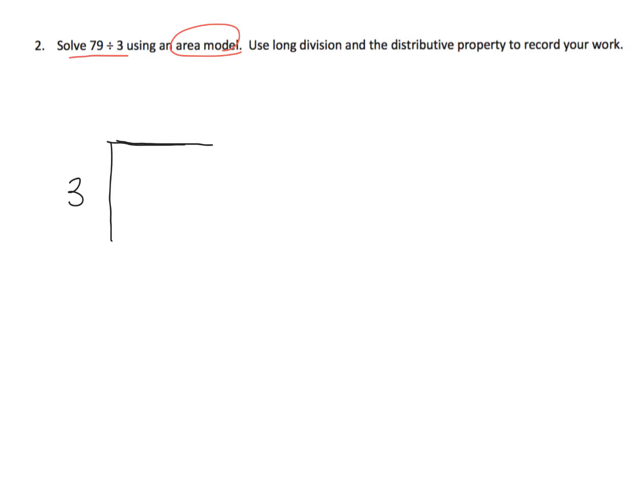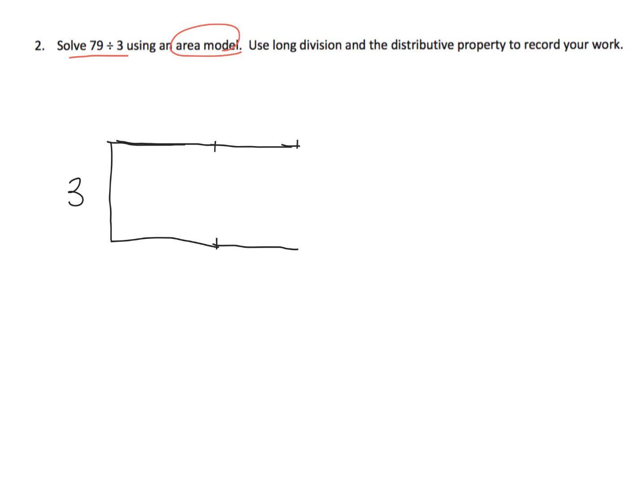So if we go 10 wide, that would give us an area of 30 square units. So I'm going to make a little mark here. There's 10 wide. But that's only 30 square units, and we want to get up to, but not past, 79 square units. So we could do another 10 right here.